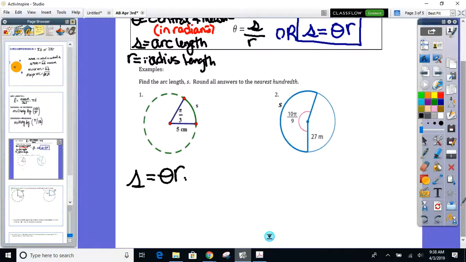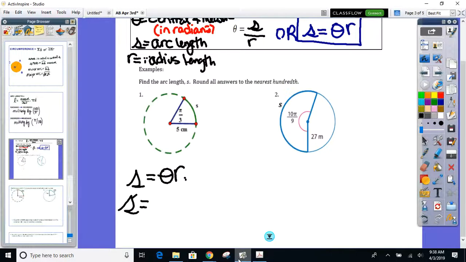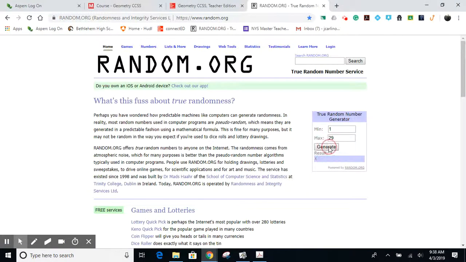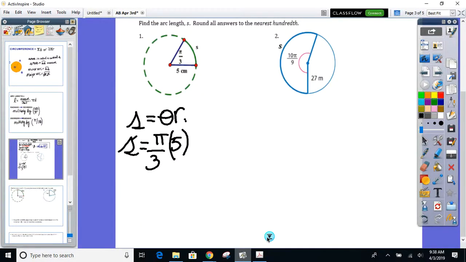All right, help me fill it in here. S equals, what's the angle measure? Pi over 3 times the radius length, 5 centimeters. Round all answers to the nearest hundredth, so not in terms of pi. That's why I had you get your calculators out.